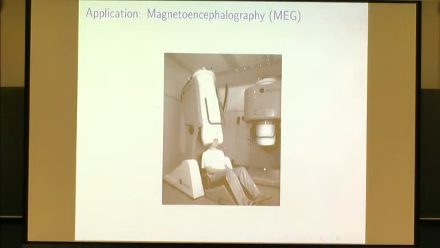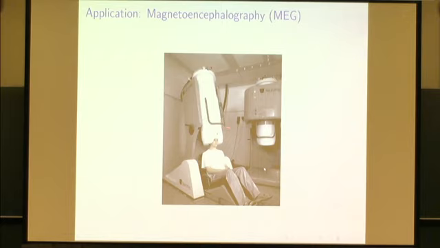So let's go to the application now, so you see where we want to use this. Here you see the MEG device. There's a big dewar where you have the SQUIDs inside, which are measuring the extremely weak magnetic fields that the brain activity is creating outside the skull. This is all in a magnetically shielded room.